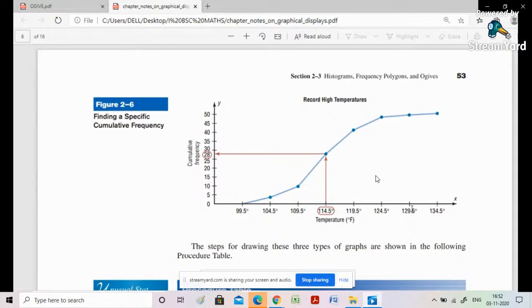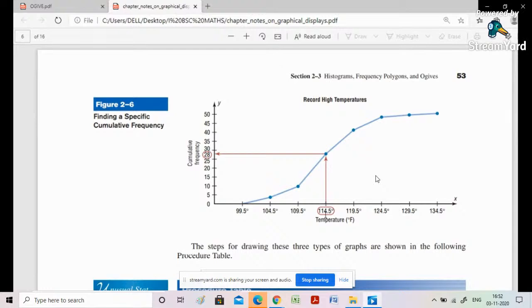For example, suppose we want to find the less than cumulative frequency up to 129.5, we just look at the y-axis point corresponding to this dot. That will be exactly 48. So we need to give this graph only.